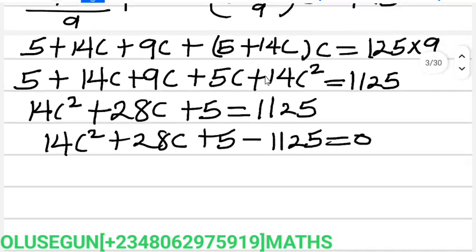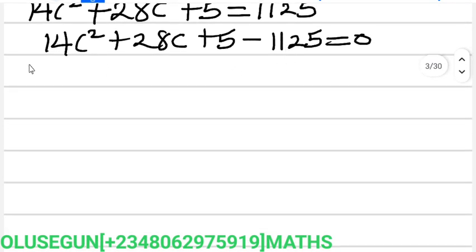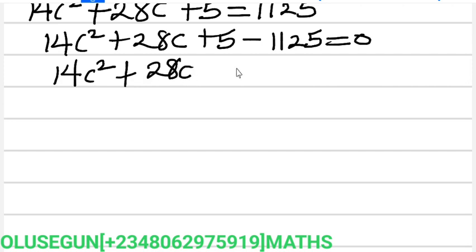So since this one gives you 0, let's try to simplify better. 14c squared plus 28c minus 1120.